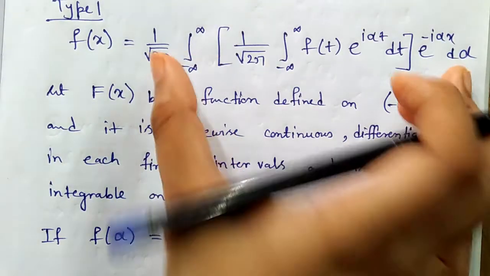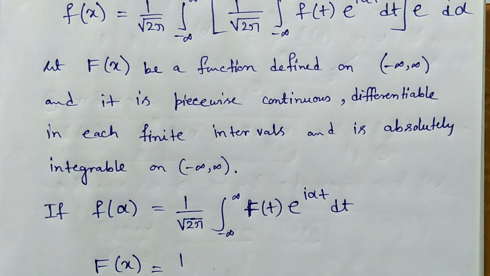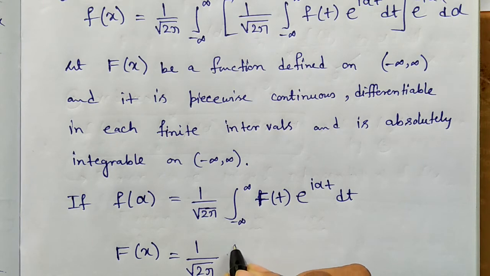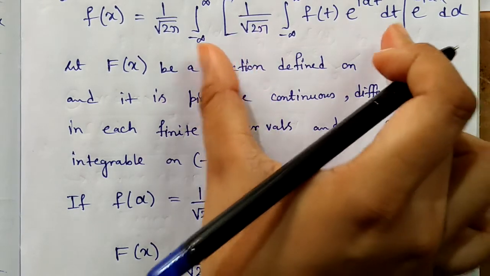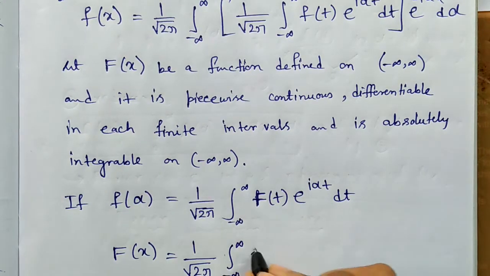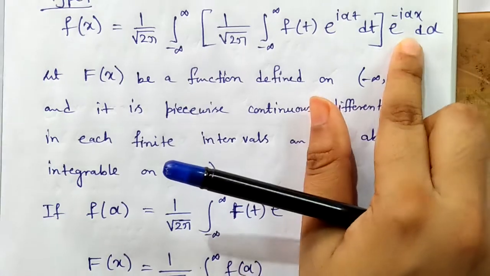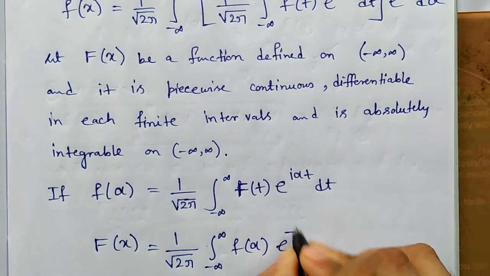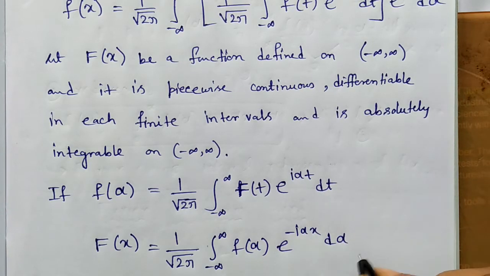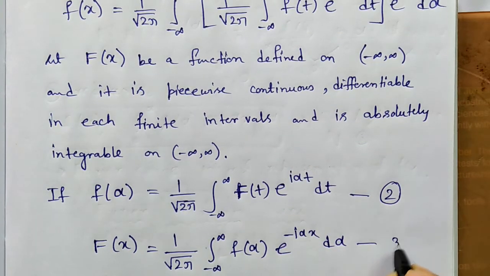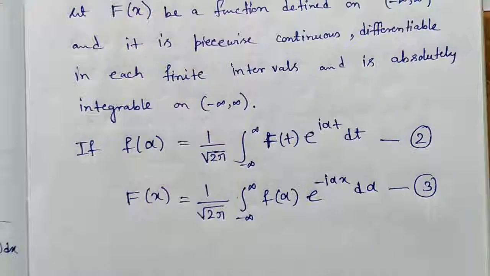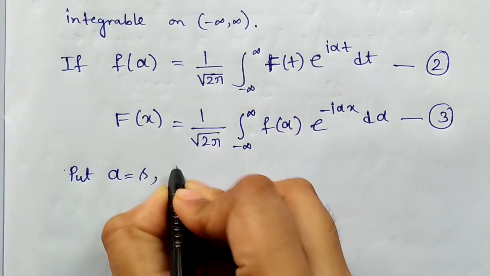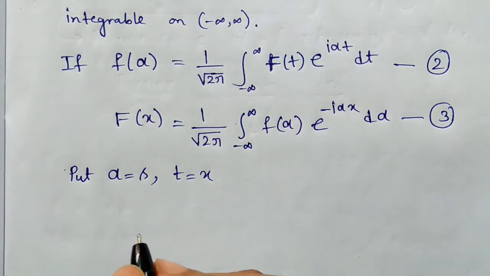Now capital F(x) equals this outside part, that is 1 by root over 2 pi, integration minus infinity to infinity, and this part is this small f(alpha), then e to the power minus i alpha x d alpha. So this is 2, this is 3. Now put alpha equal to s and t equal to x, just change the variable.